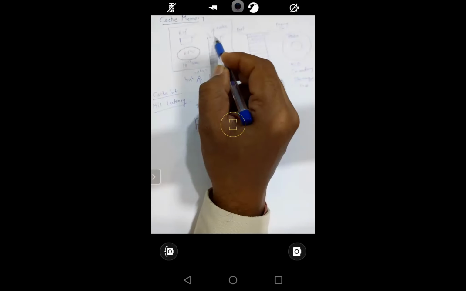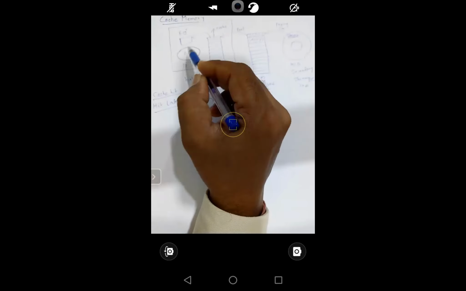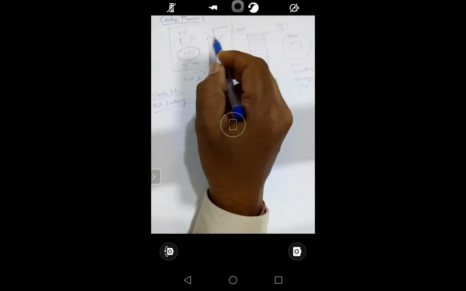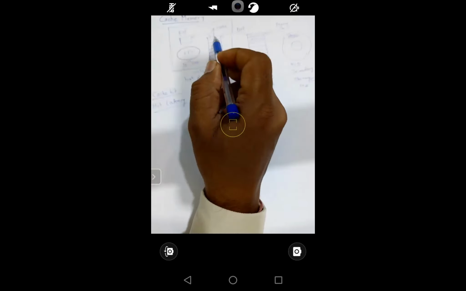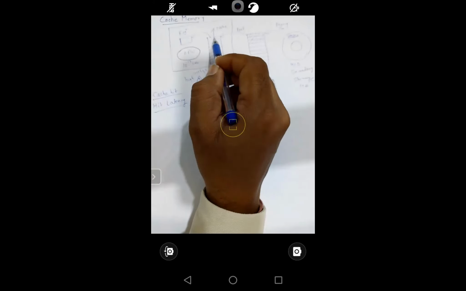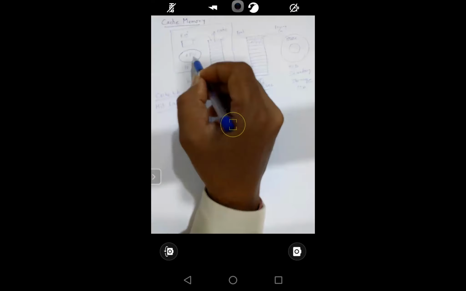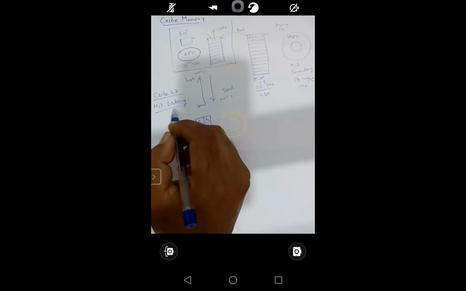So the element is there, it is available. So the cache hit. Then to access that element, some time is required. Some time is required if the element is there and you want to access that element. So you have to send a request, then the particular element is transferred to the register, and then the processor can access it. So it will take a time. So that is called hit latency.